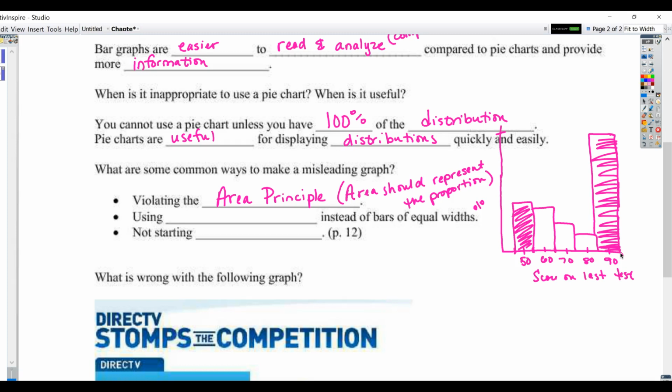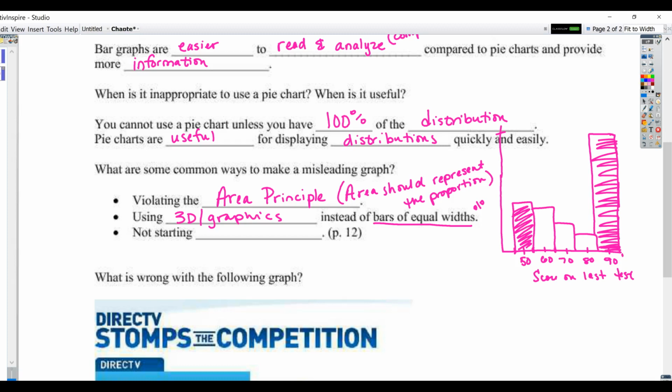The next thing is using 3D or graphics almost always leads to a misleading graph. But like I said, you do need bars of equal widths, and when you just use the same graphical, I'll show you this in just a second, it's hard to make it larger, like taller, for example, without making it wider as well. So that's kind of what the problem is.